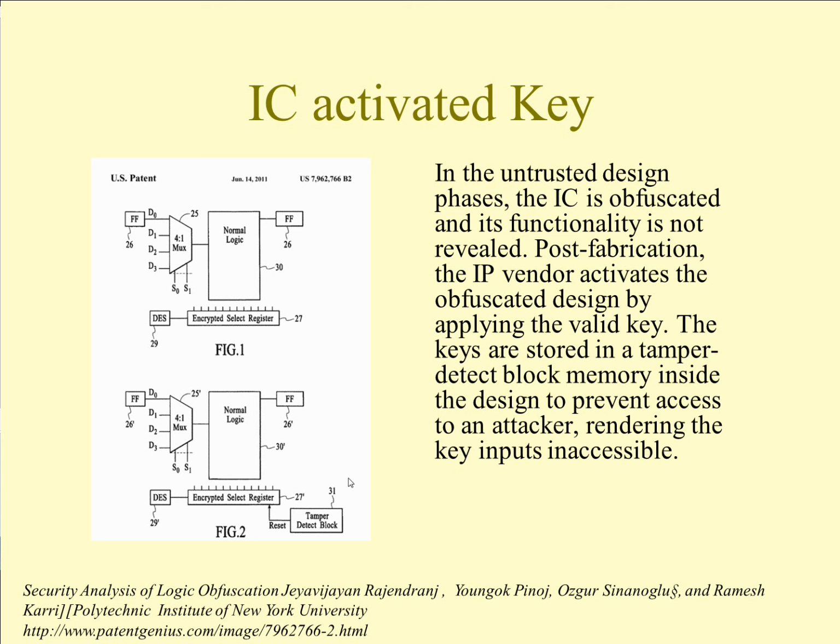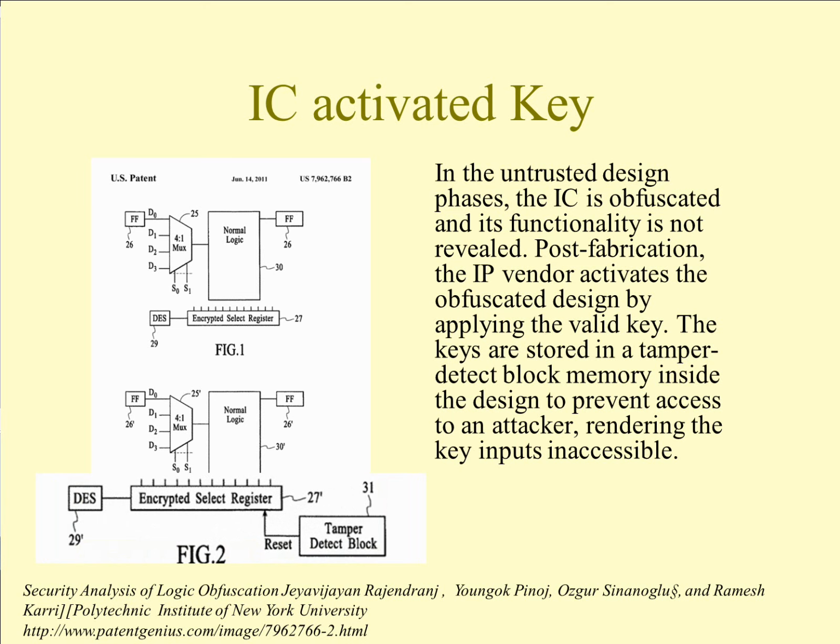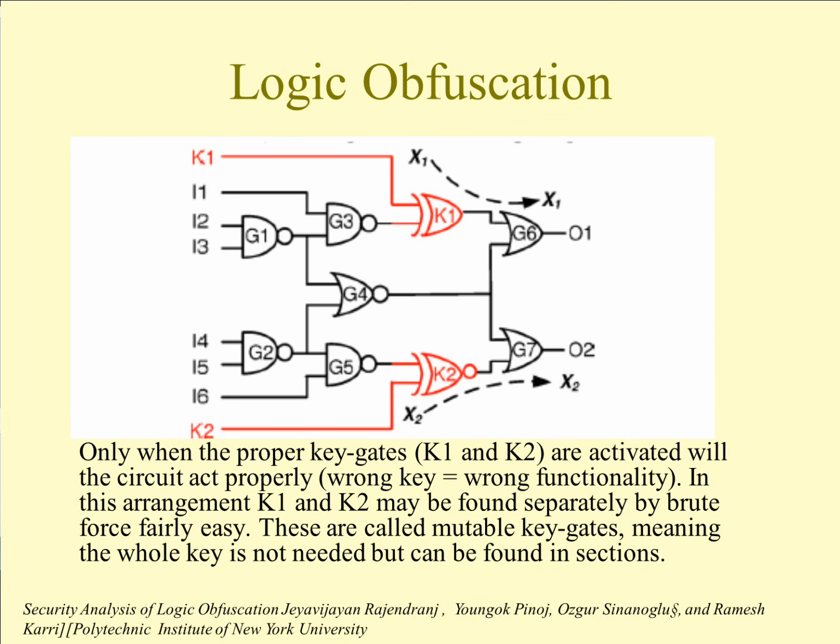So you can see that is this right down here. This detect block makes it where it's difficult to know exactly what those are. So let's look at some logic obfuscation here. Just with some, what do we have here? Some NAND gates, some NOR gates, and then some exclusive OR and exclusive NOR gates.